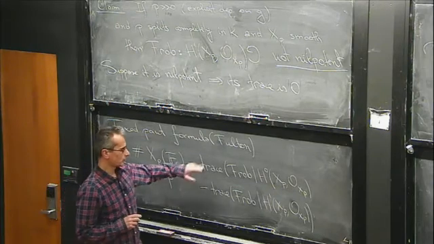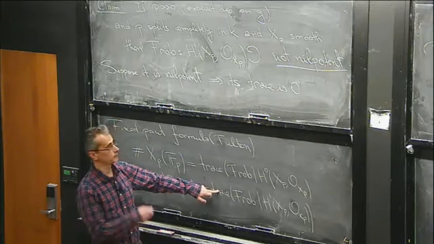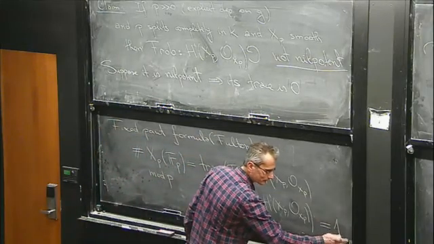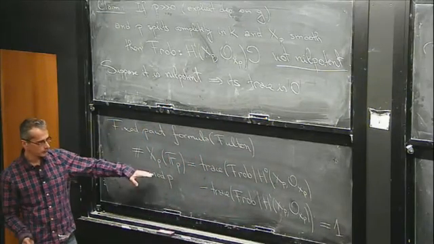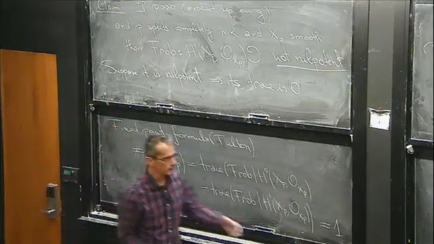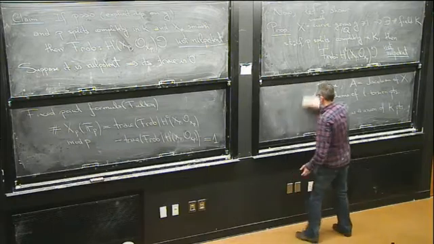All right. So the first trace is 1. The second trace is 0 by our assumption. So this is equal to 1. Okay. So now what we know is that the number of Fp points mod p is equal to 1. So now you can use another fixed point formula. There is the Grothendieck-Lefschetz fixed point formula.